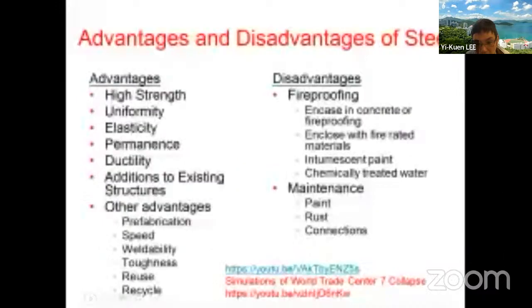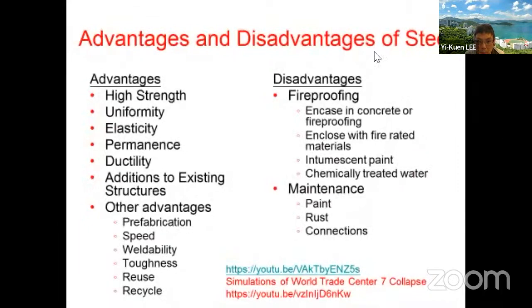Of course, I mentioned that in general there are different ways to make a whole building. Steel, of course, is still quite important. The advantages are high mechanical strength, uniformity, elasticity, and ductility.